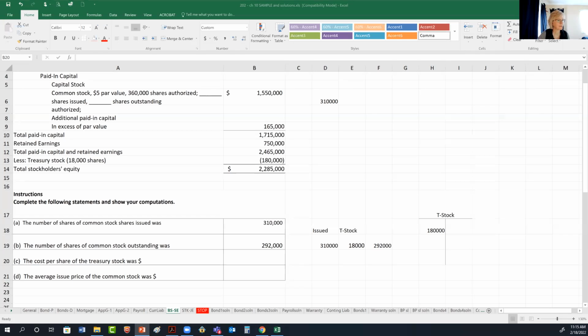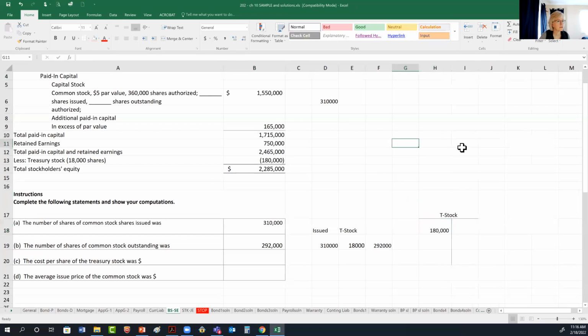All right. So if we have 180,000 in treasury stock and we purchased 18,000 shares of treasury stock, what was the cost of the treasury stock? So you're going to take the balance in treasury stock.